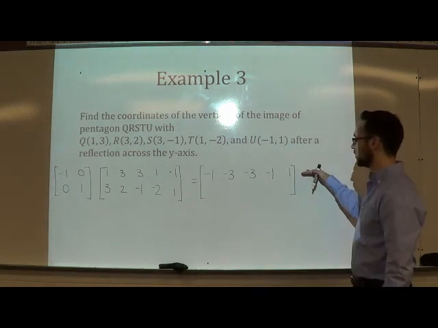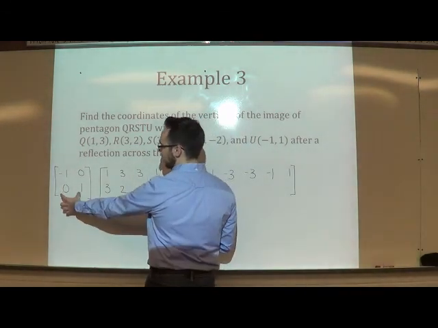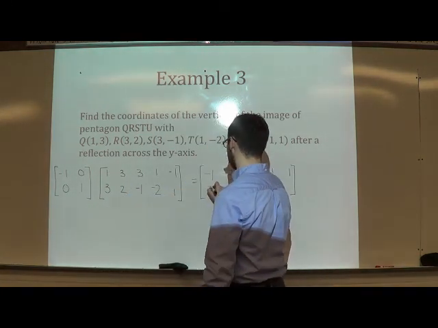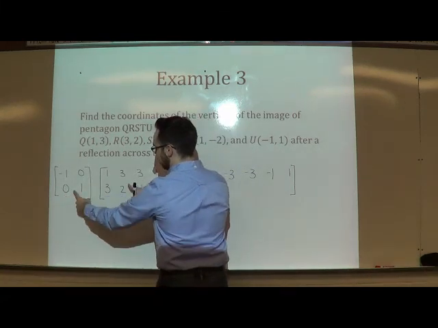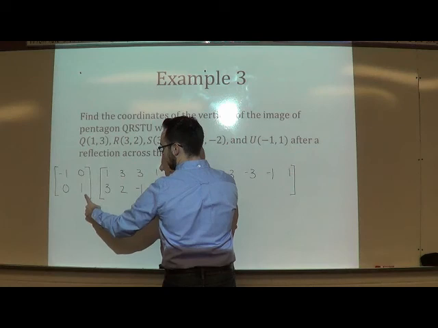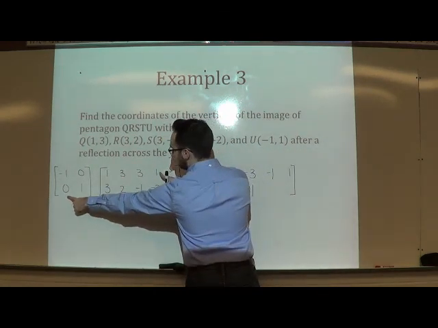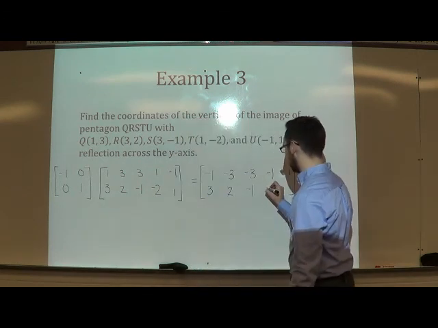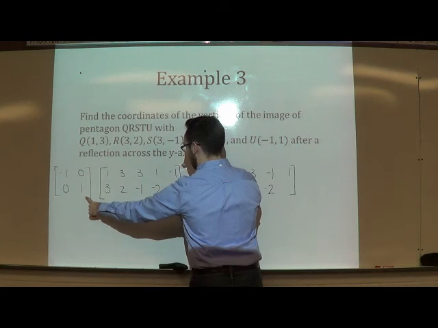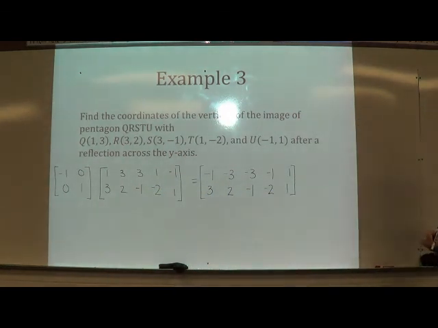Those are all of our new x coordinates, and now we're going to do all of our y coordinates. We'll multiply the second row by each column. So we have 0 and 3 is 3. 0 and 2 is 2. 0 and negative 1 is negative 1. 0 and negative 2 is negative 2. And then 0 and 1 is 1. This is our new set of coordinates.